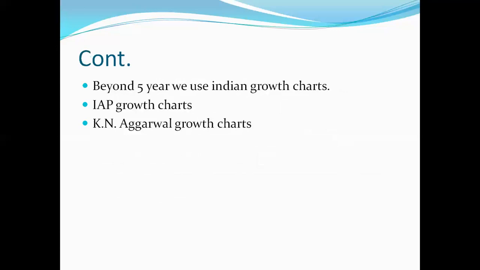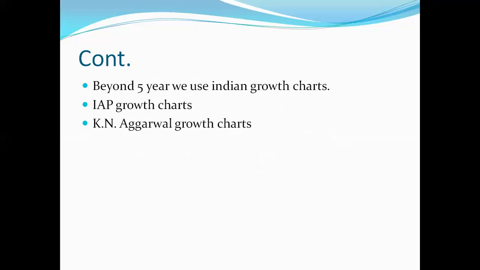If we are going to use growth charts beyond 5 years of age, then IAP growth charts are preferred in India. Various other growth charts are also available like the KN Agarwal growth charts, but they are not much in use nowadays.